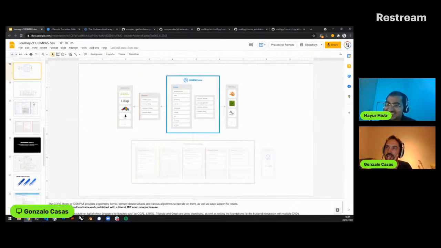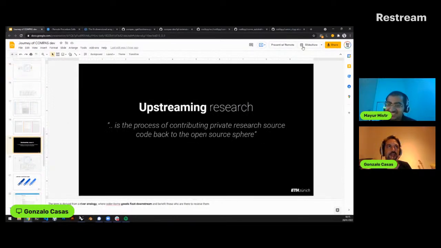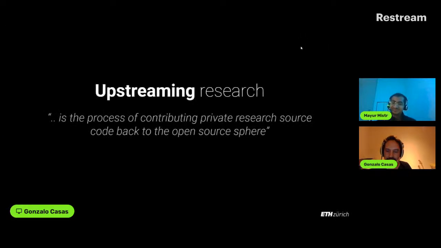Yeah, I think this is something important. One of the things that we've been pushing, not lately, it's been a while already, as a mindset, let's say, is that we want to have a clear process on how we upstream research outputs.